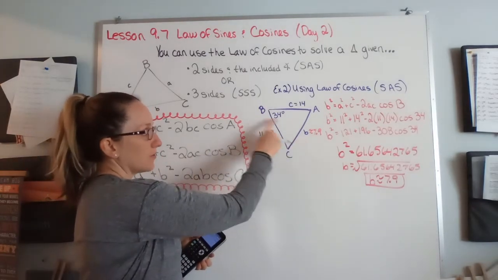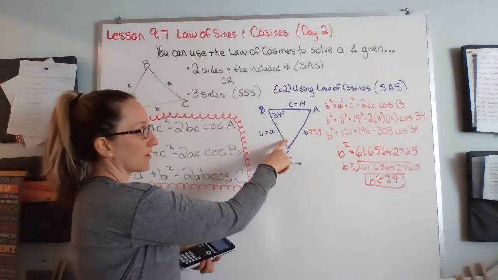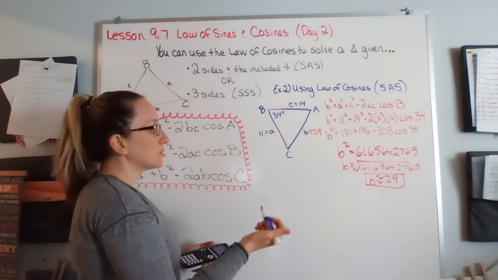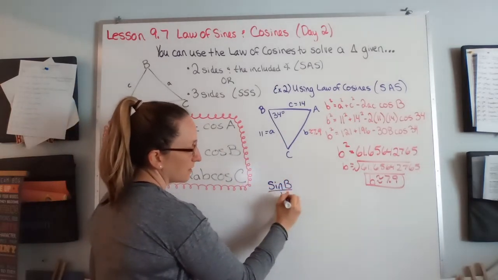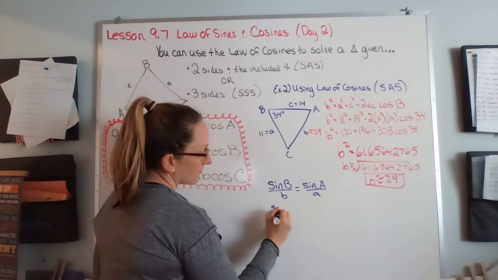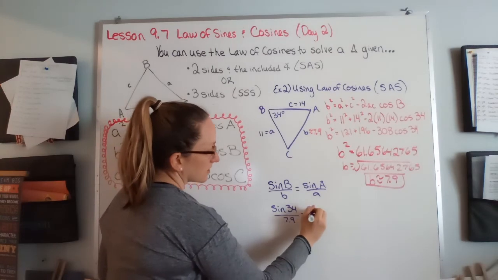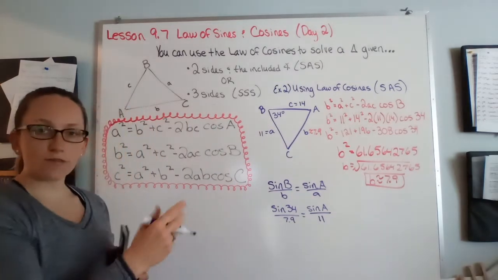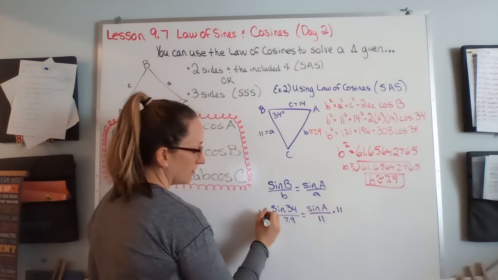Sine B over b, I know both of those, is equal to sine A over a. That'll allow me to solve for angle A. Or I could choose to solve for angle C: sine B over b is equal to sine C over c. So you pick. I'm going to solve for angle A. So I'm going to have sine 34 over 7.9 is equal to sine A over 11. You could do cross products if you look at this as a proportion, or to isolate sine A, just multiply both sides by 11.